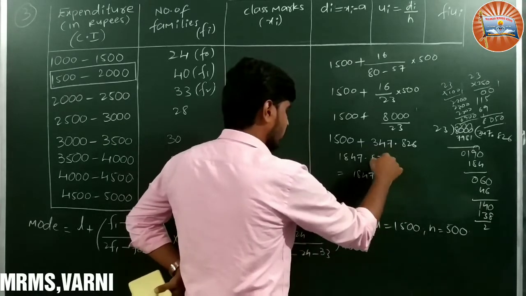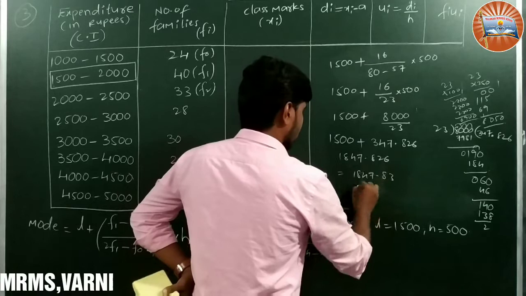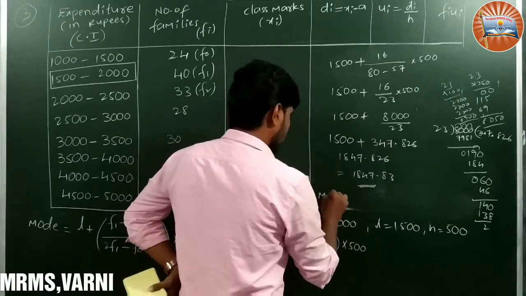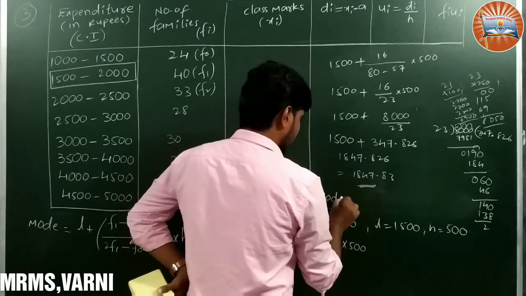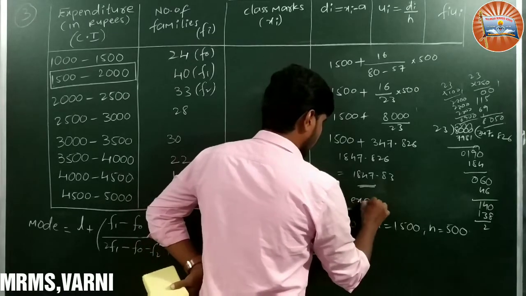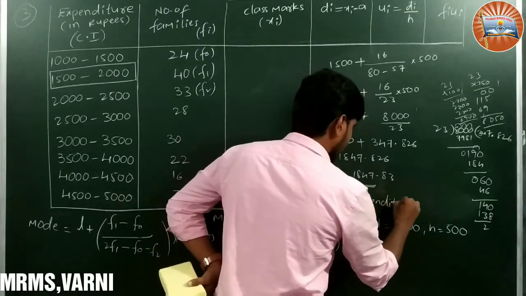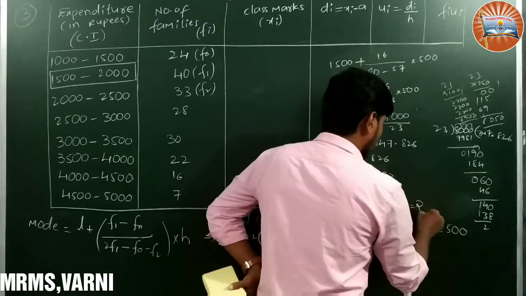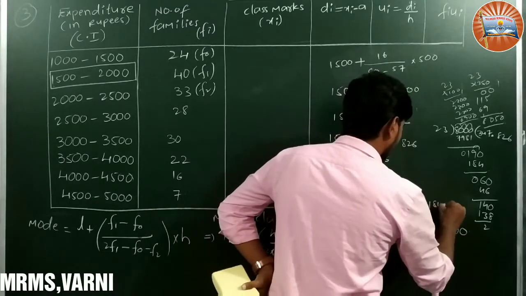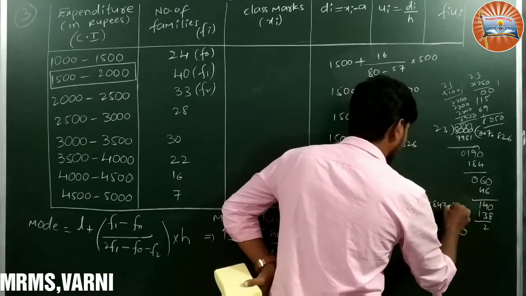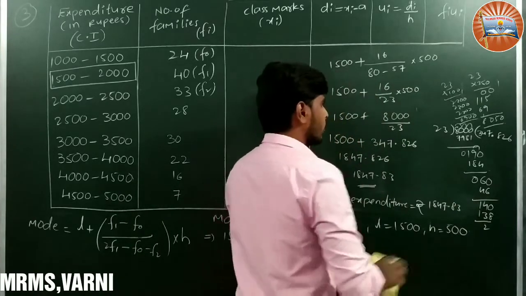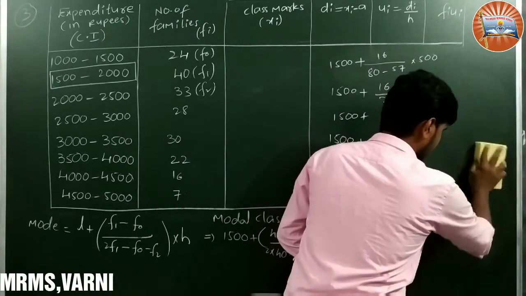So this is the mode expenditure. Mode expenditure is 1847.83 rupees. Okay. Now this is about mode.